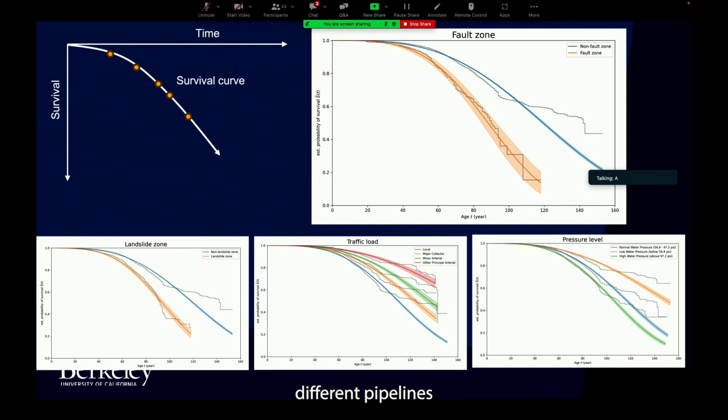If you look at all these different pipelines, you get lots of data, and then you can do a little bit of statistical analysis of how things are going. This is one of the data sets that we've been looking at. Of course, machine learning and data analytics is a big topic, so students love to start looking at these data. The top figure shows a survival curve in terms of years, for pipelines in a fault zone and not in a fault zone.